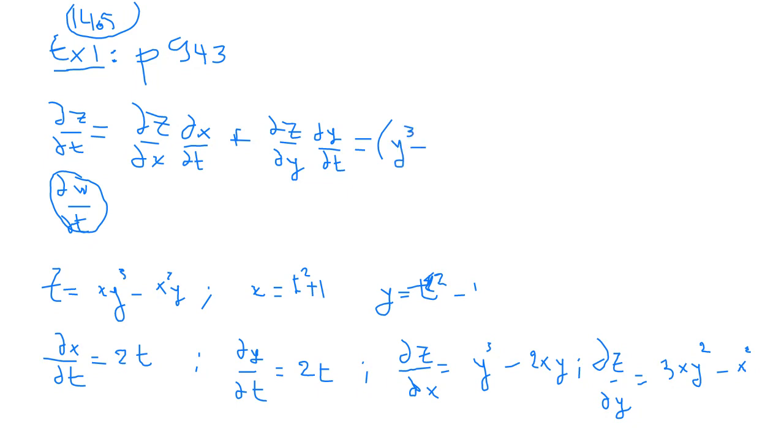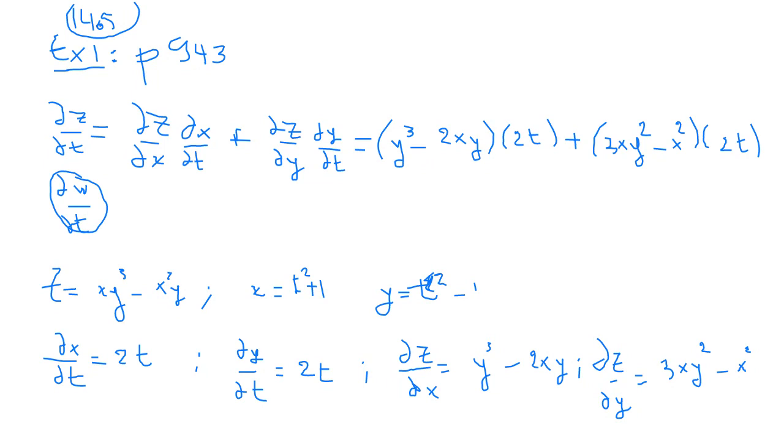It's y cubed minus 2xy times the first derivative, which is 2t, plus 3xy squared minus x squared times the derivative of y with respect to t, which is 2t. Well, here you can use 2t as a common factor. Just sum up if you wish.